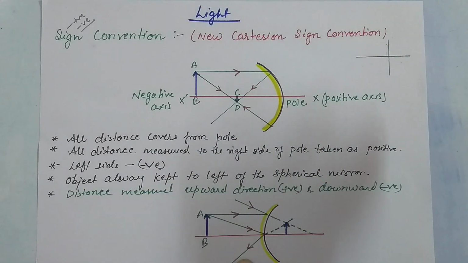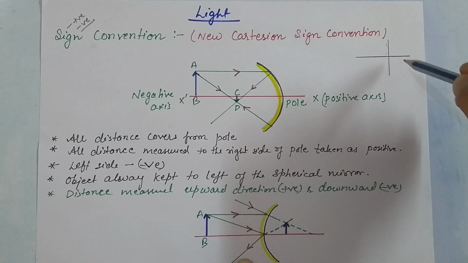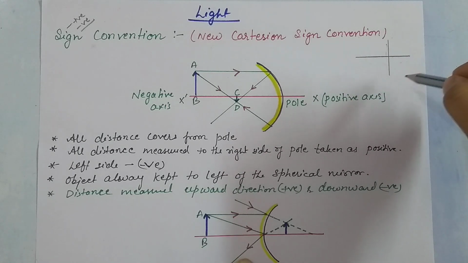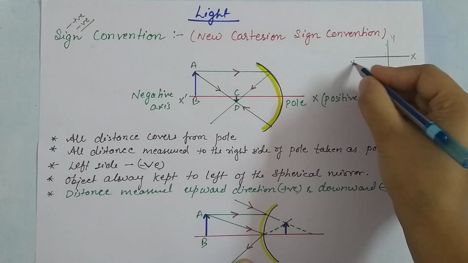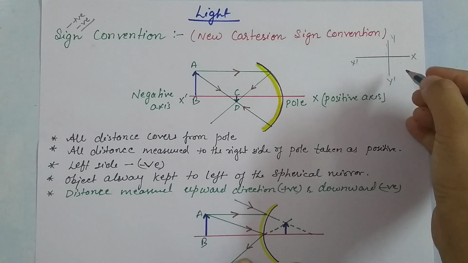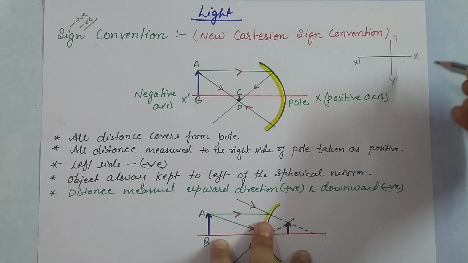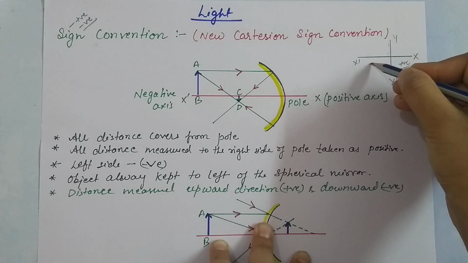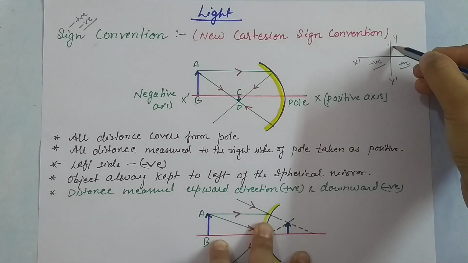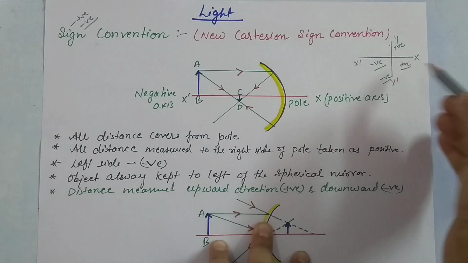The basic concept behind it is that we are using the quadrant, the coordinate plane system. This is your x, this is your y, this is your x dash and y dash. In mathematics you have already studied these coordinate planes: this side is considered positive, this side negative, and along the y side one direction is positive and the other negative.